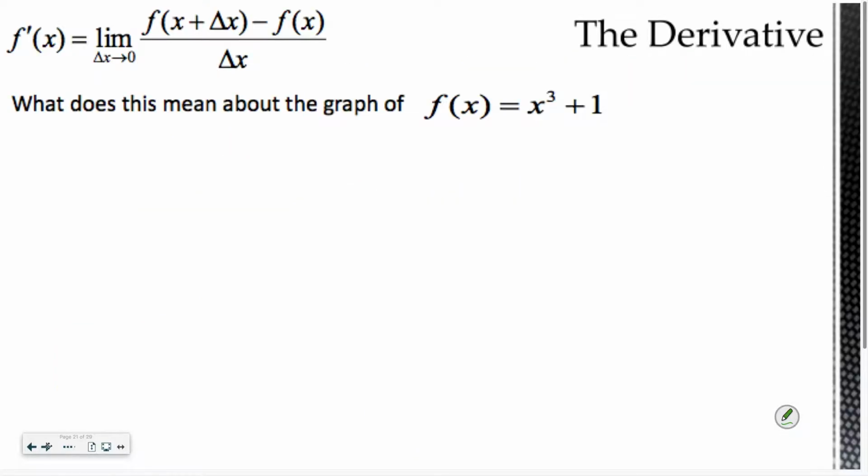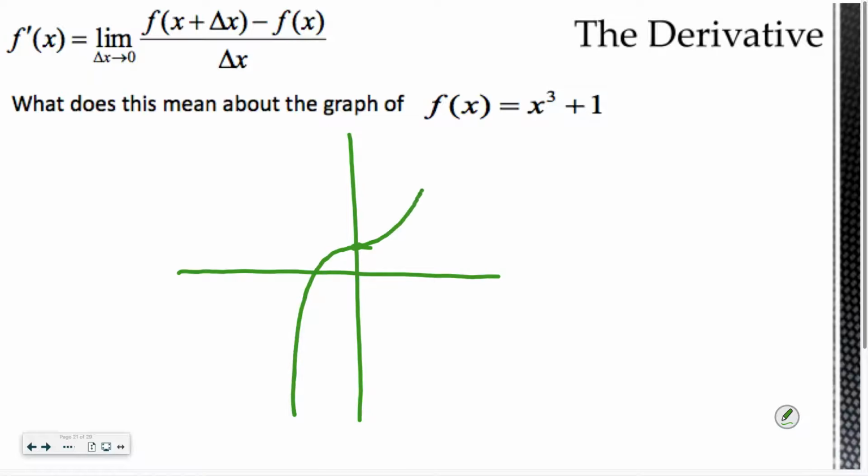X cubed plus 1 looks like this. Do you agree? Okay. So if I want, and we just figured out that f prime of x is 3x squared.